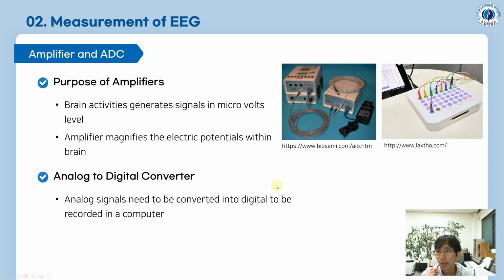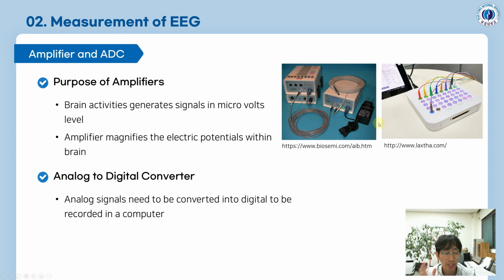And to measure EEG, you also need the amplifier or analog-to-digital converter. Here you see two amplifiers and analog converters, and the left one is from BioSemi and the right one is Laksa. Using this device, you can get the EEG signals.